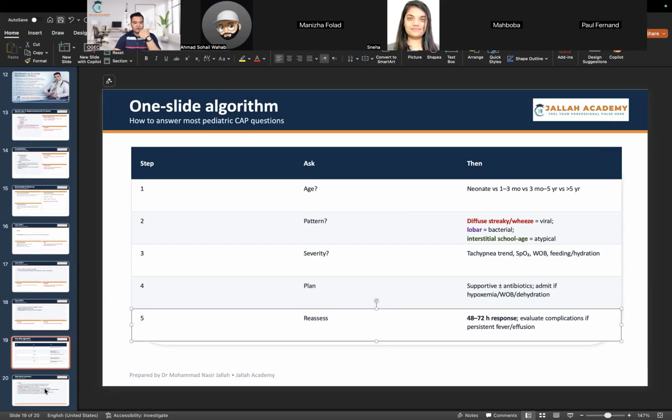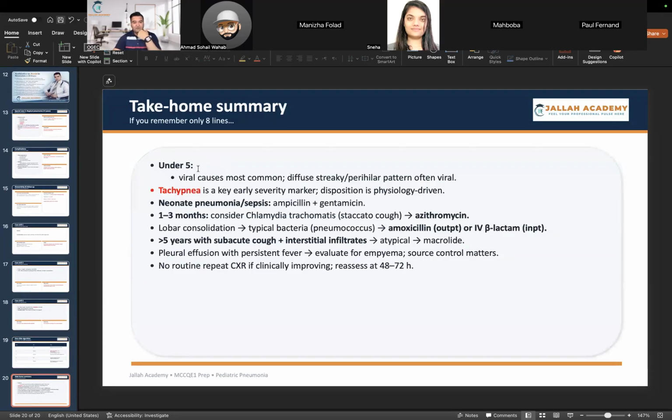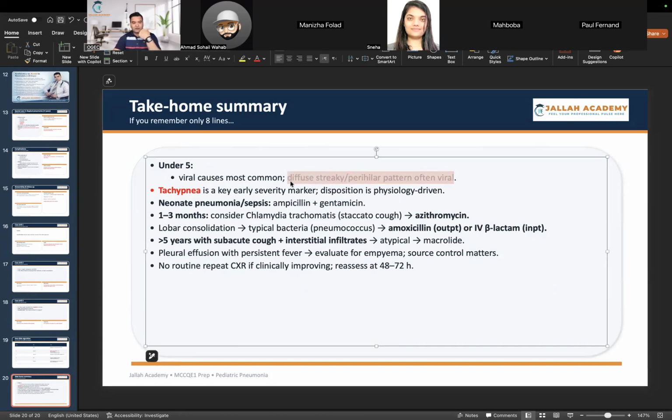Now, under 5, viral causes are most common, which we did talk about. These are the things that we have to memorize. Tachypnea is a key early severity marker that helps us decide that the patient has to be in the hospital. Neonate pneumonia, if less than 28 days, ampicillin and gentamicin. 1 to 3 months, consider chlamydia if the patient has this type of cough.